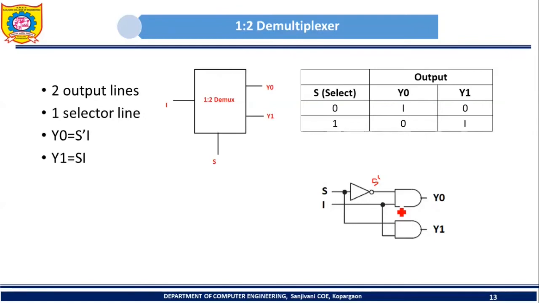I is given as the other input to this AND gate, so the AND operation is performed between S prime and I, which is our y0. For y1, which is S and I, simply perform the AND operation between S and I. This is the logic diagram for the 1:2 demultiplexer.